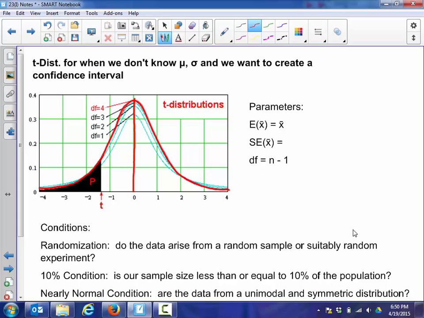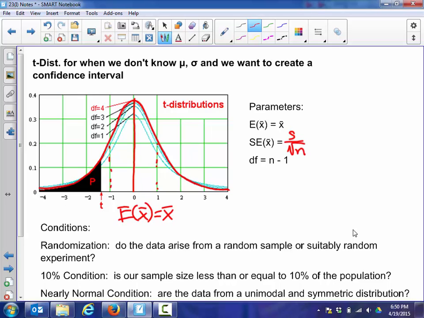Okay, so we're starting to talk about this t-distribution. Let me show you a little bit more of the details as to how it compares to the normal bell curve. There are technically an infinite number of t-distributions, which, don't freak out about that.